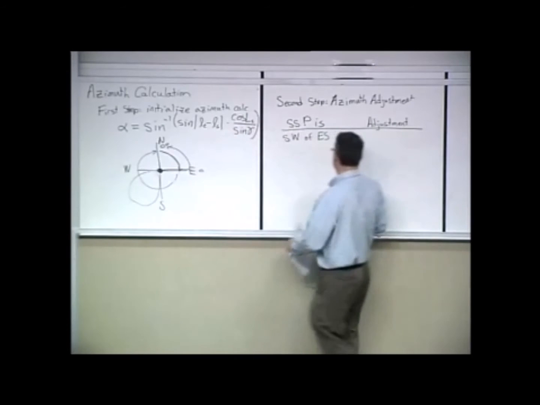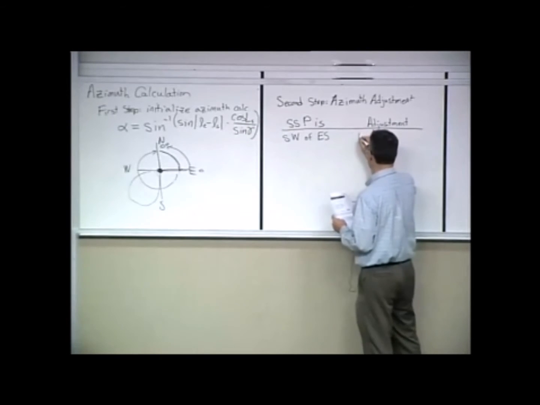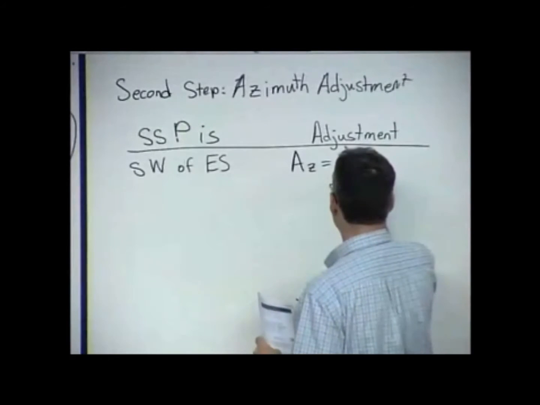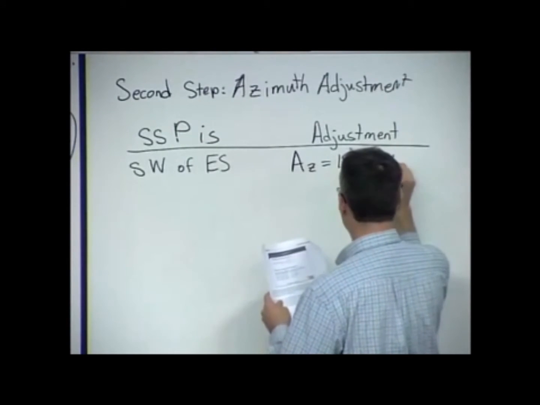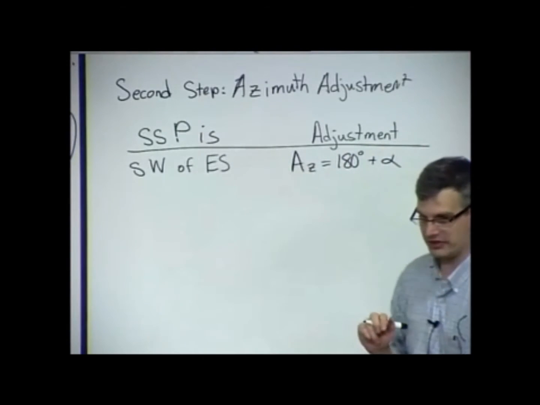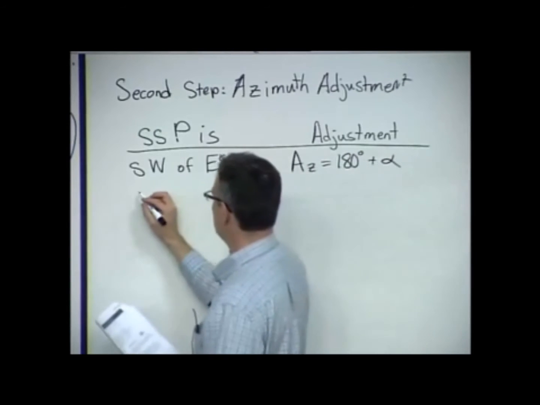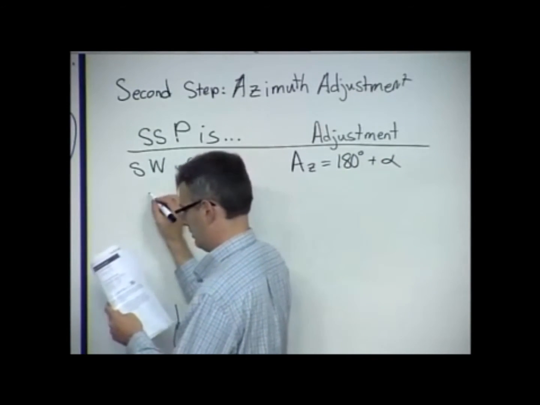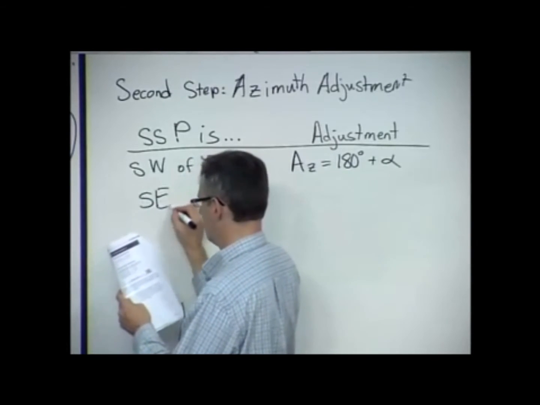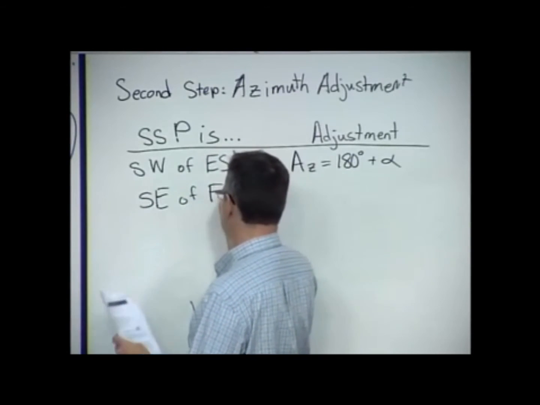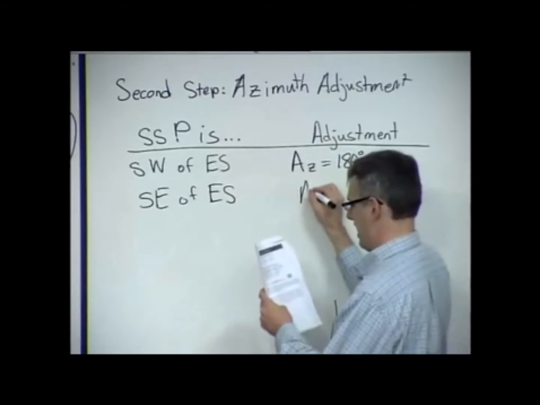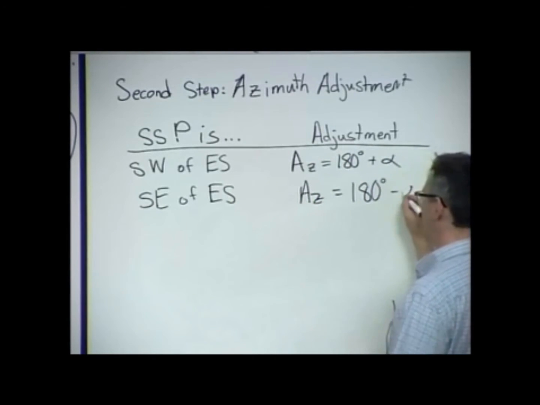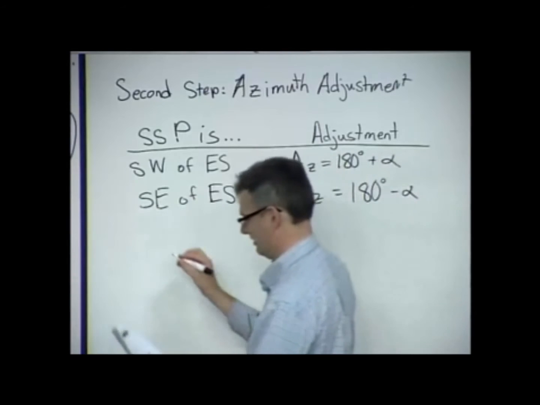And if that's the case, then my actual azimuth is 180 degrees plus the alpha that I calculate with that formula. If instead the satellite subpoint is southeast of the Earth station, the azimuth is 180 degrees minus the alpha I calculate with that formula.